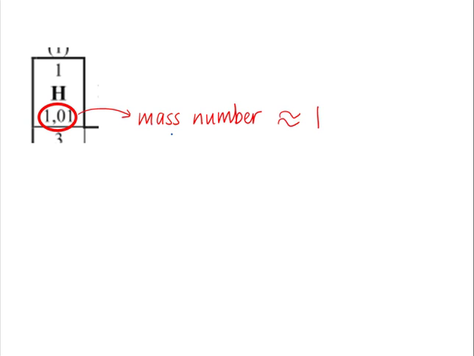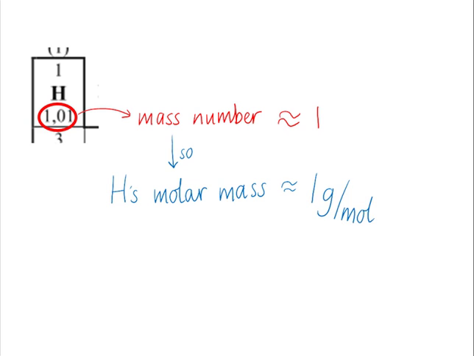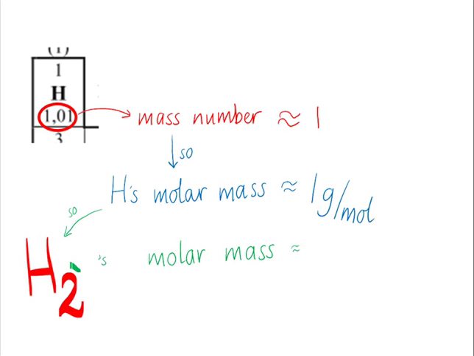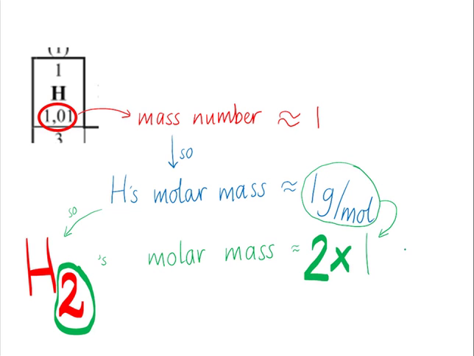So if you had a mole of hydrogen atoms, its mass would be 1 gram. But now you have a mole of hydrogen molecules consisting of 2 hydrogen atoms each. So now the mass is double what it would be if it was just atoms. And so the molar mass of hydrogen molecules, H2, is 2 grams per mole.